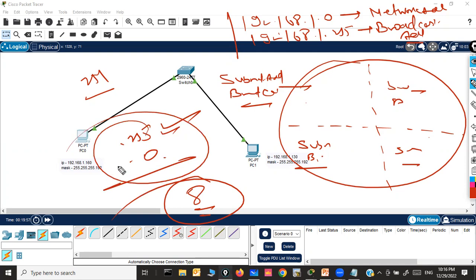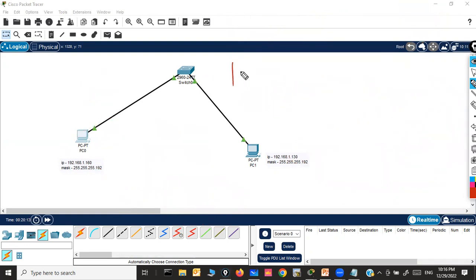If we have done subnetting, we have divided a network into different subnets. So yes, the number can be anything. I mean, not necessarily 255 and 0 always, right? So the good way to remember things is this way.